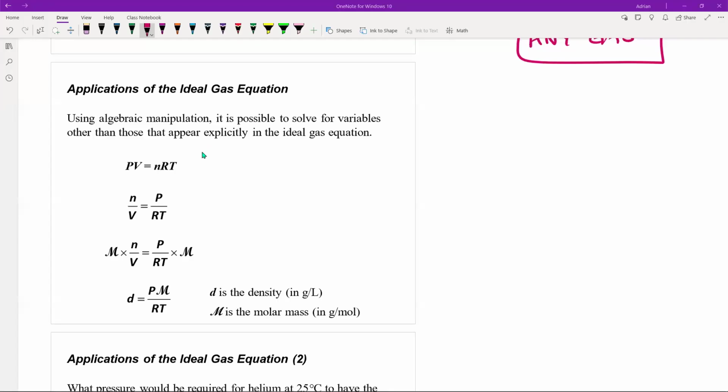So we can also use the ideal gas equation to relate other properties of our gases.